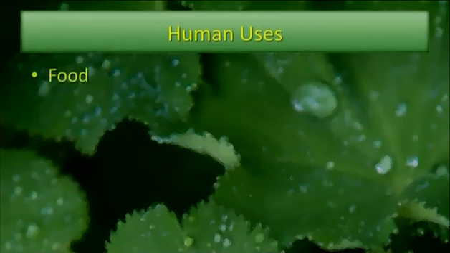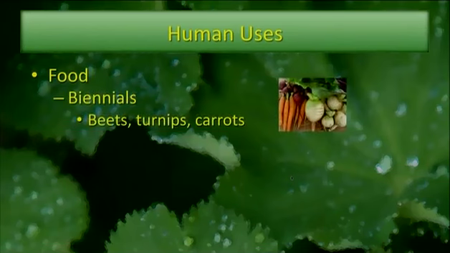Now human uses. Food, of course. Biennials, such as beets, turnips, and carrots, have been important food sources to human beings since prehistoric times. Carrots in the form that we know of today have been around for at least 2,000 years. I think carrots used to be black or purple before, but some mutation arose so they became orange, and of course we know orange carrots as the carrot type.